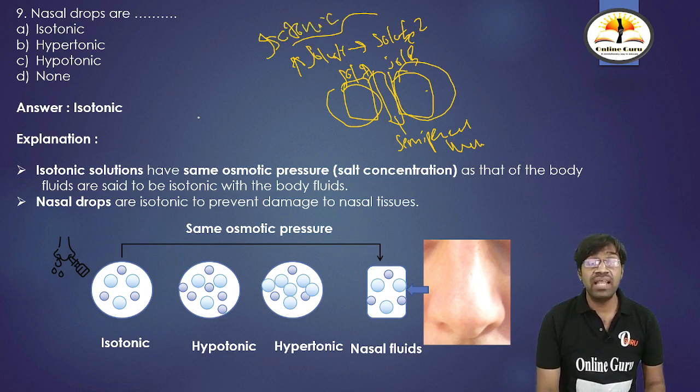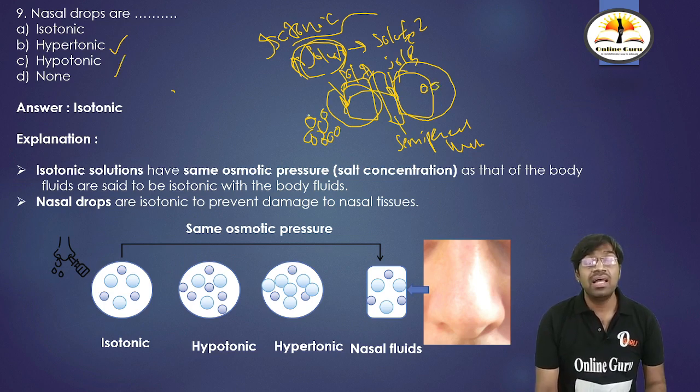In the case of hypertonic, the solute concentration in solution A is more concentrated with respect to that of solution B. In the case of hypotonic, the solute concentration is very low as compared to that of solution B.